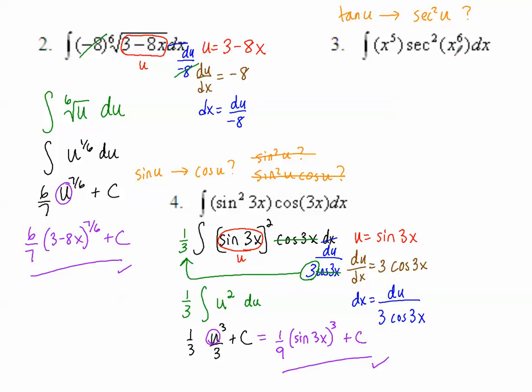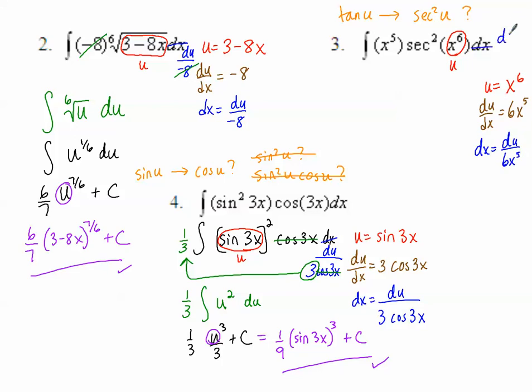So instead, the inside of the secant function can be our u. So let's say u is x to the 6th, then you know what comes next, du dx. 6x to the 5th, and then we have to solve for dx. So dx, multiply by dx, divide by 6x to the 5th, du over 6x to the 5th.